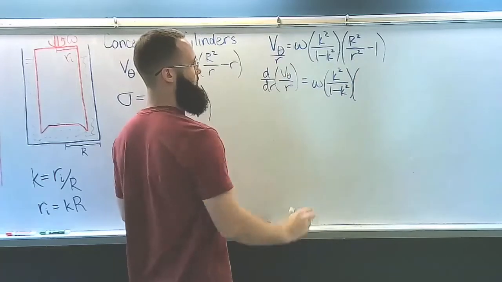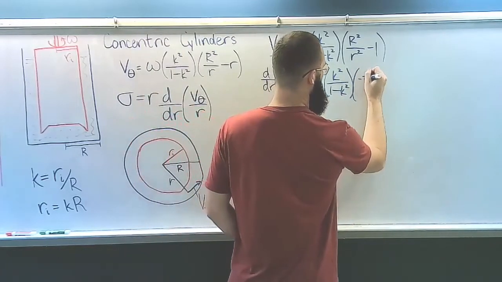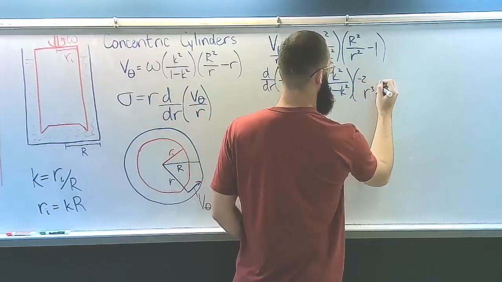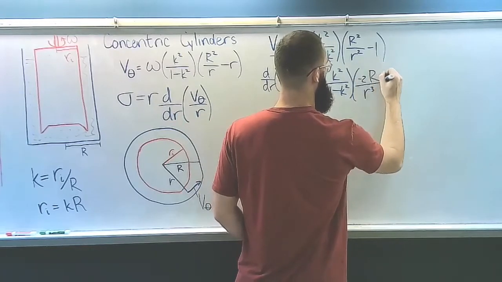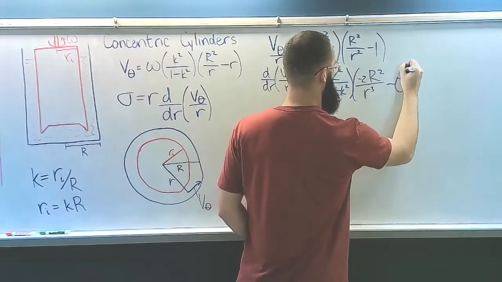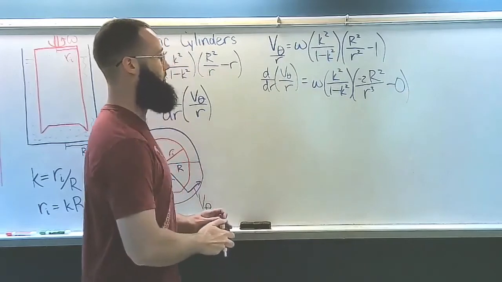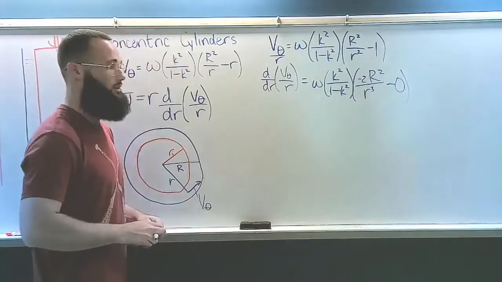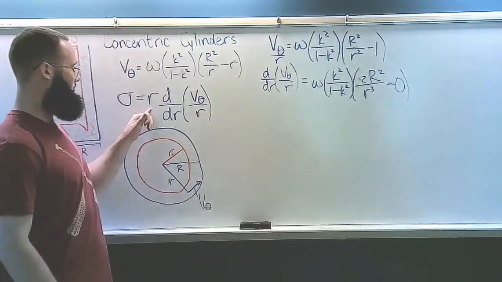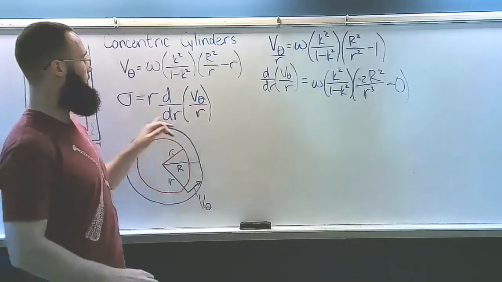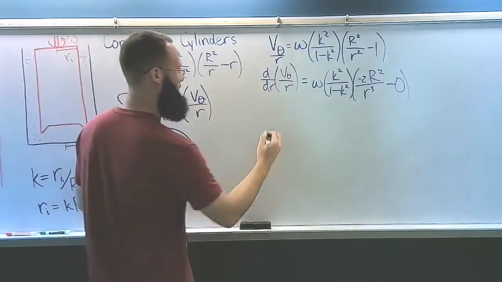The derivative of r to the negative 2 will be negative 2 r to the negative 3 times big R squared, minus 0, because the derivative of 1 is 0. And then once we do this, all we have to do is multiply by r, and then the left side of our equation is equal to the shear rate.